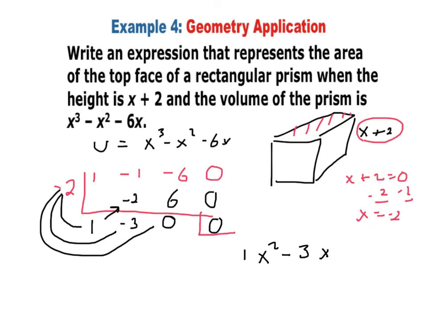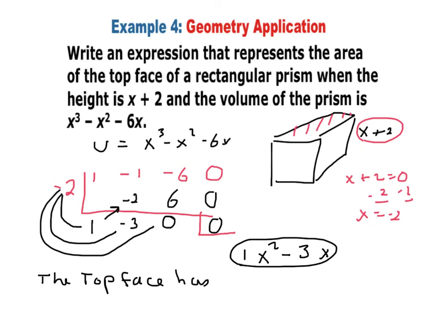Okay, so what does that tell us? Well, this tells us that the top face is going to have an area of this polynomial right here. So make sure you write your answer as a sentence. You're going to say the top face has an area of x squared minus 3x.